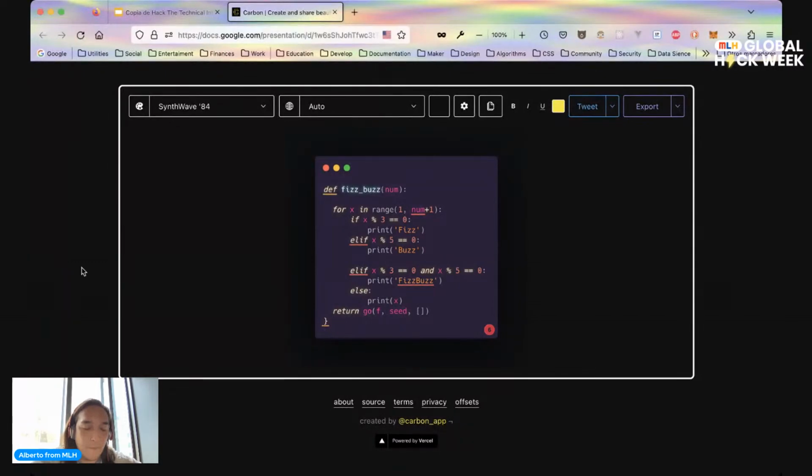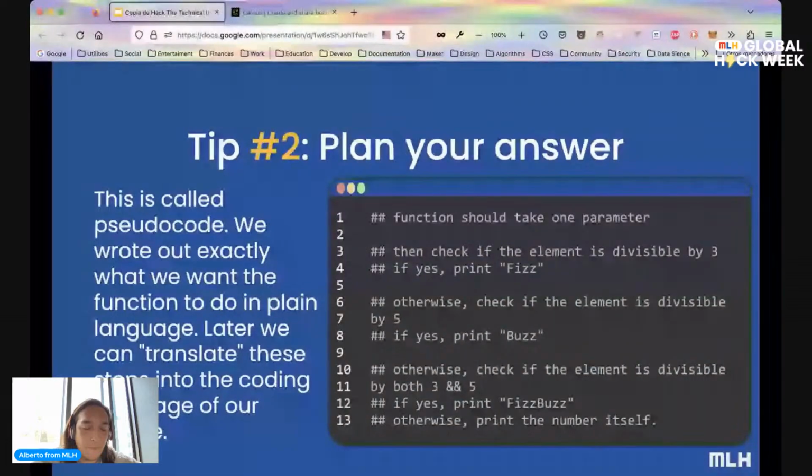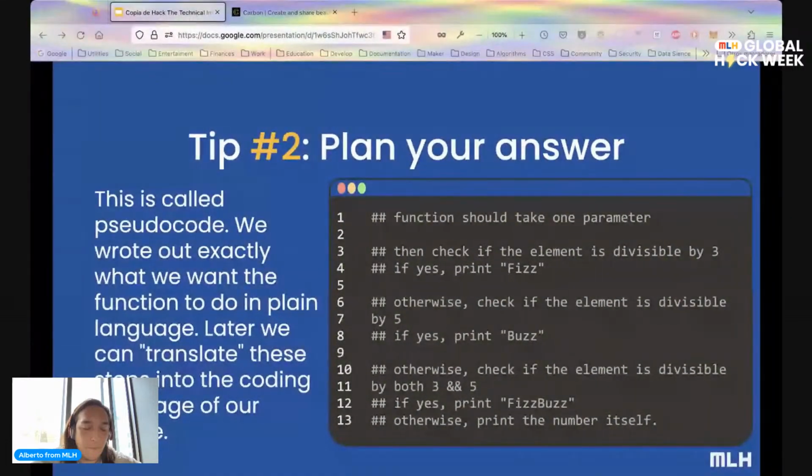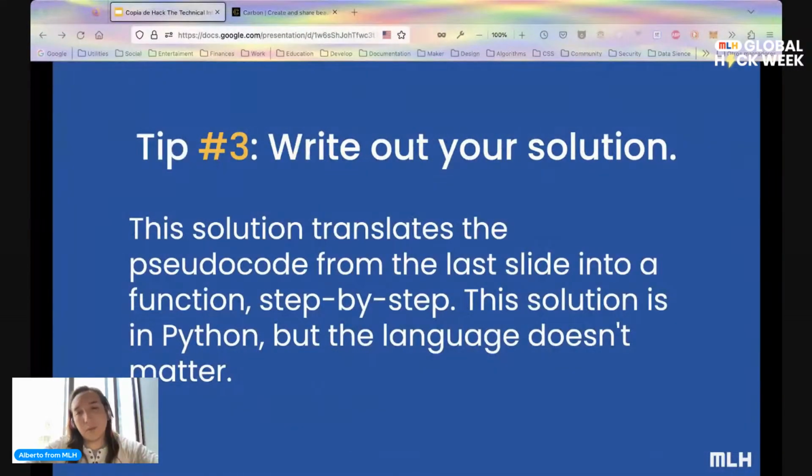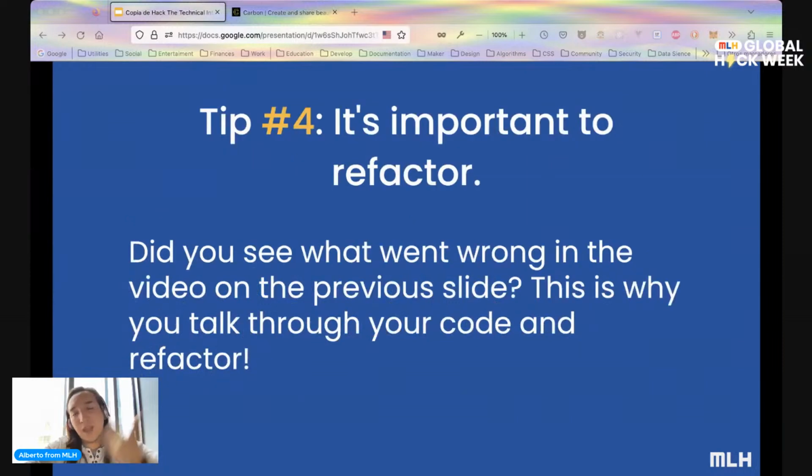Let's just return to this planning of the pseudocode, and the things in the comments are explained in the actual code, right? So we plan our answer, we write our answer, and now the fourth tip, again, it's important to refactor.